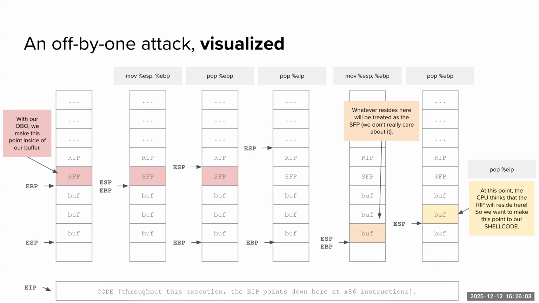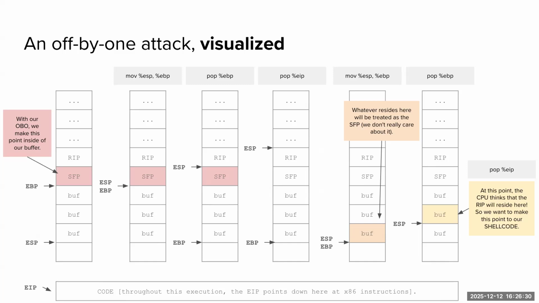Did you have a question? I think the instruction might be wrong there. You said it right, it says move ESP EBP. I think it should be move EBP, because we're moving the ESP to the EBP. Yes, we're moving the ESP to the EBP, so I think the slide has it wrong. The first argument should be what we're setting.